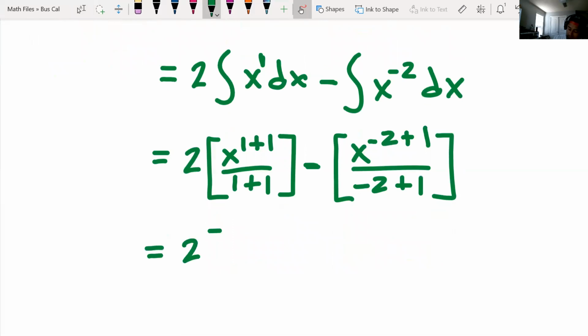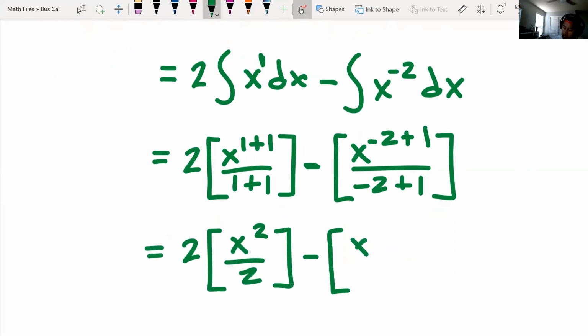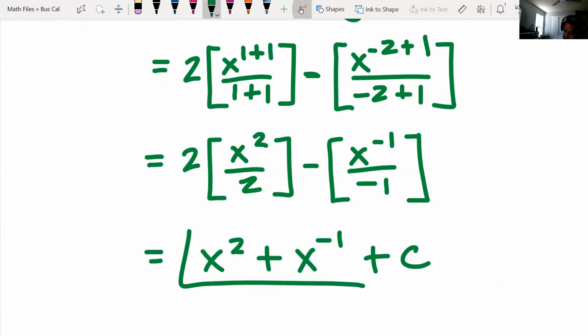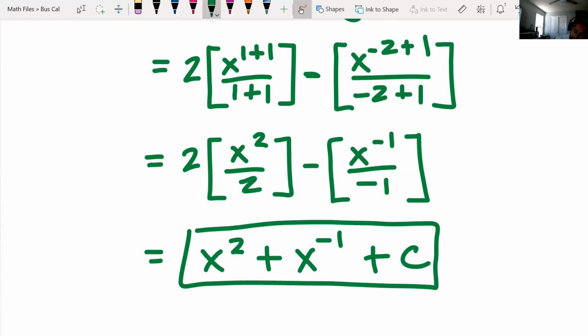Cleanup. 2 times x squared over 2 minus x to the -1 over -1. On the first one, my 2's cancel. So you'll get x squared. And then again, negative over negative makes positive x to the -1 plus c. Oh, yeah.